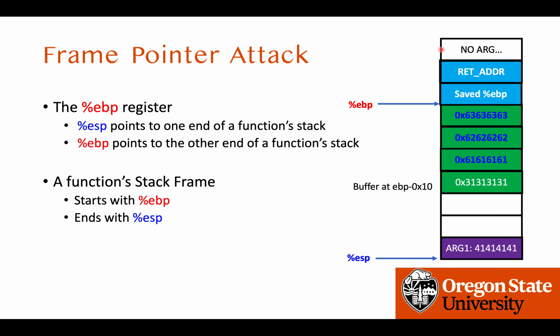From now on, let's take a look at the frame pointer attack. To start with, let's delve into what the EBP register does. If we are not running the function prologue or epilogue that changes the value of EBP and ESP, then most of the time ESP should always point to the end of the stack frame, and EBP should point to the start of the function's stack frame.